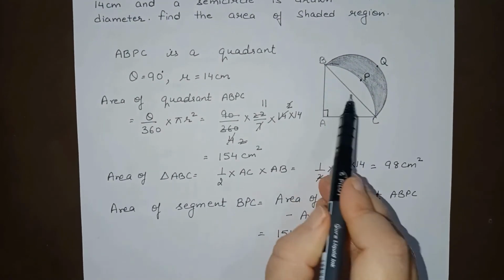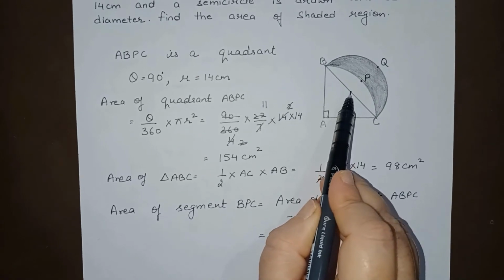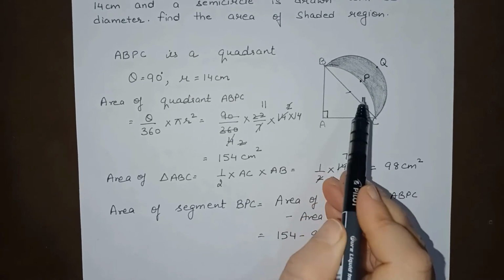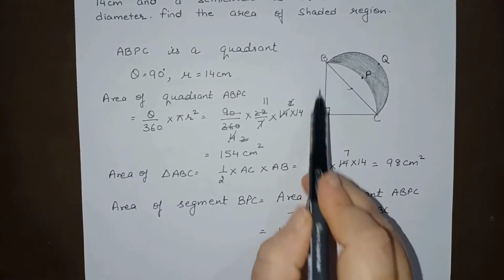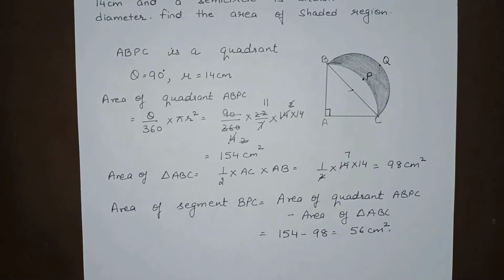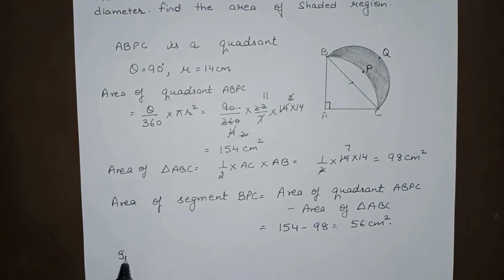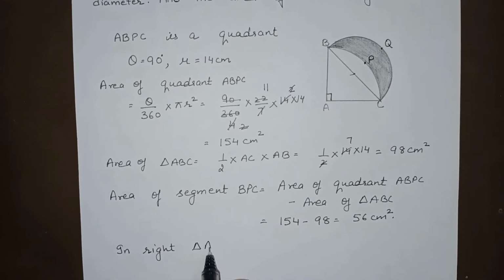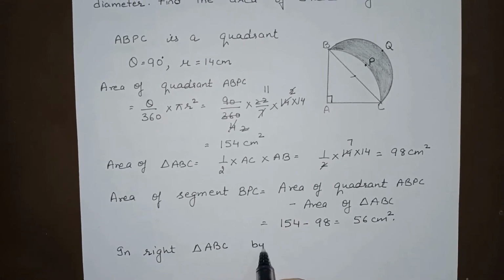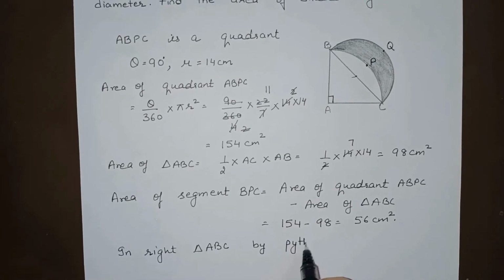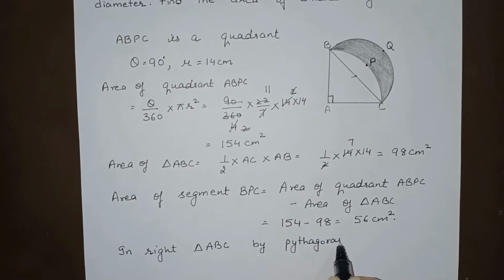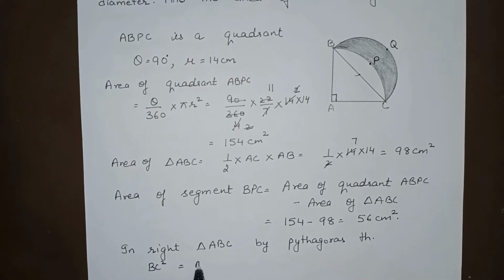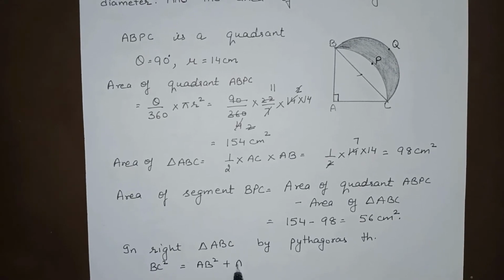Now from this, taking BC as diameter, a semicircle is drawn. So let us first find this BC. We can find this BC by using Pythagoras theorem in triangle ABC. So we will write in right triangle ABC, by Pythagoras theorem, we get BC square is AB square plus AC square.